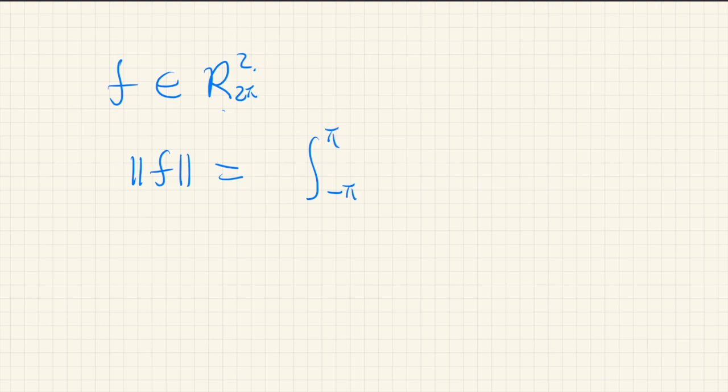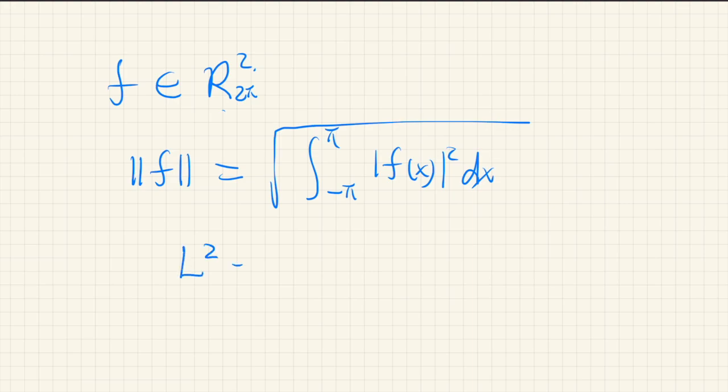First, calculate the integral of the modulus of that function squared, and then take the square root. So this is called the L2 norm, or mean square norm.